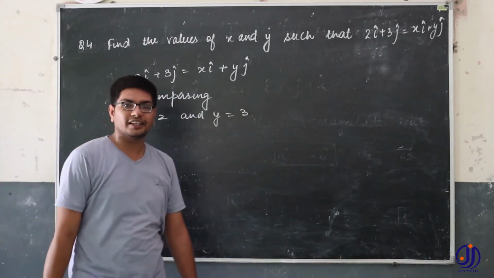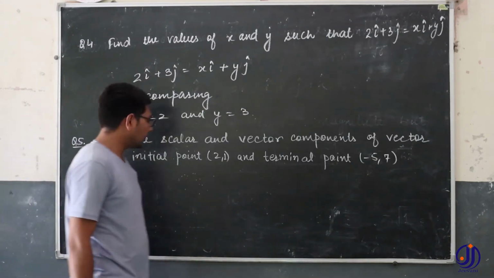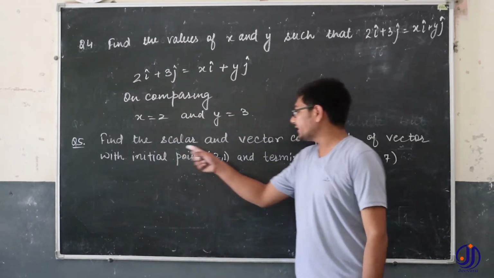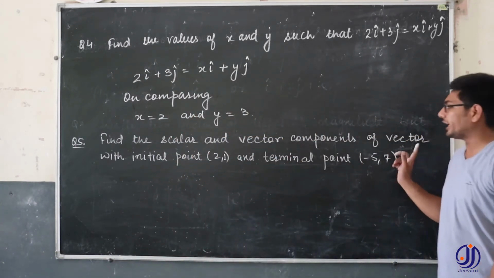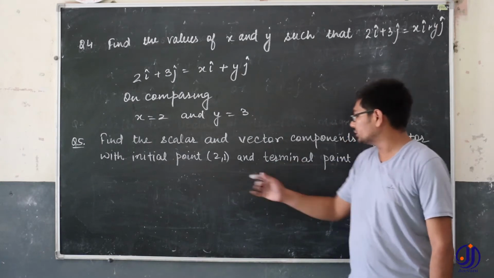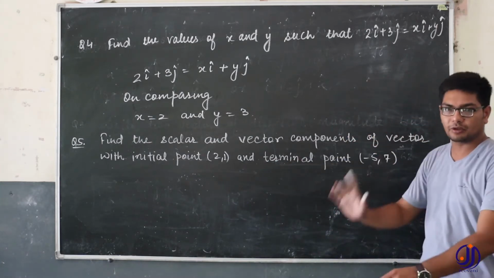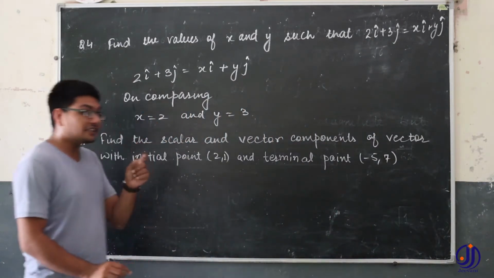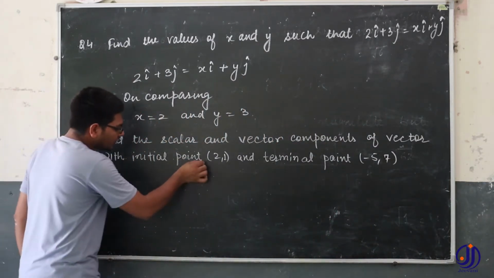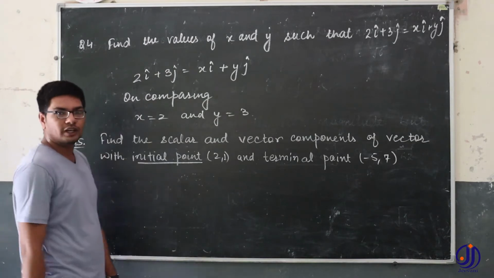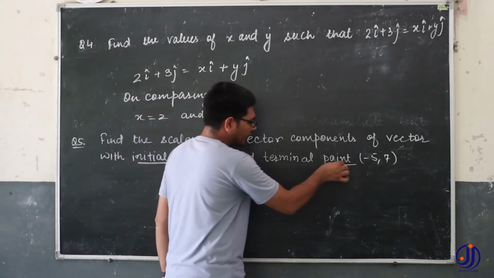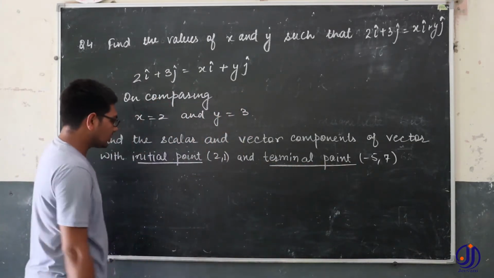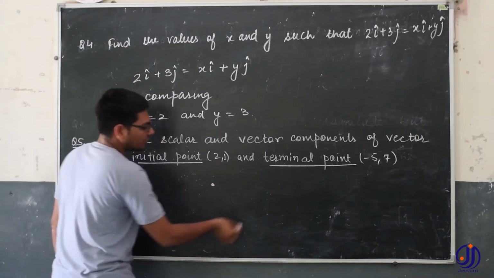Now we will move to the next question. In question number 5, find the scalar and vector components of the vector with initial point 2, 1 and terminal point -5, 7. So here we are given the two points, and it is clearly mentioned that the initial point of the vector is 2, 1 and the terminal point of the vector is -5, 7. Suppose that, dear students, there are two points.